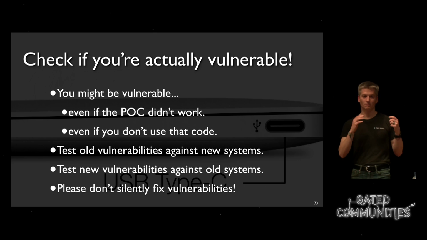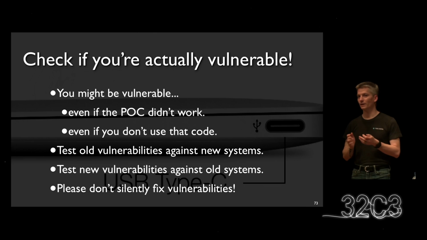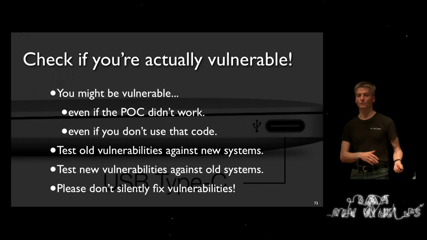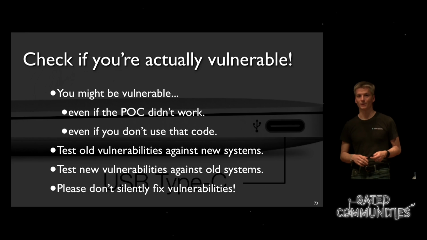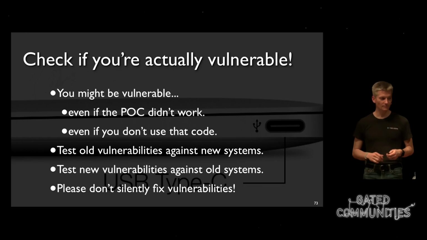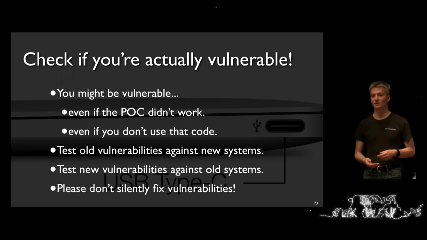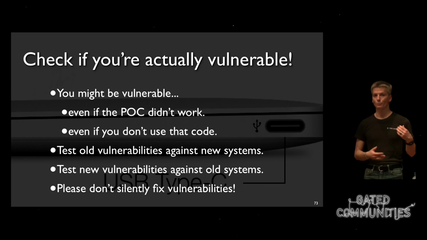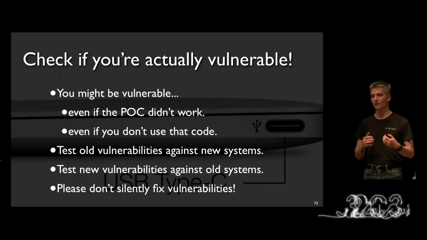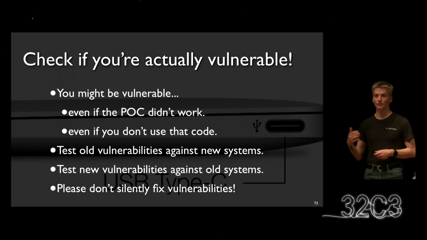We learned about a really serious bug, and systems got fixed, and then new systems got produced that were still vulnerable to that old bug. That's a problem. Likewise, new vulnerabilities a lot of times don't necessarily get tested against older systems, so we don't know what machines are actually vulnerable other than the current generation of machines.